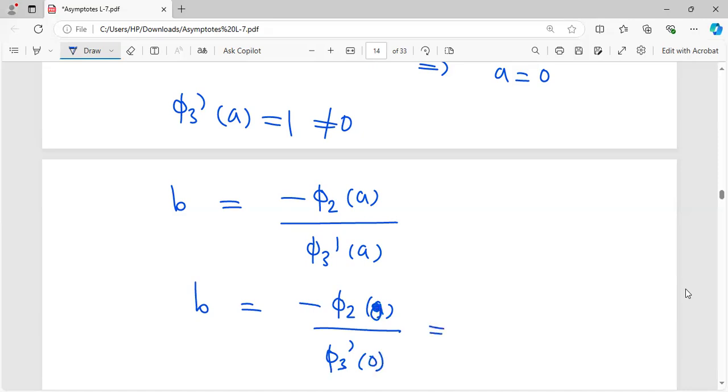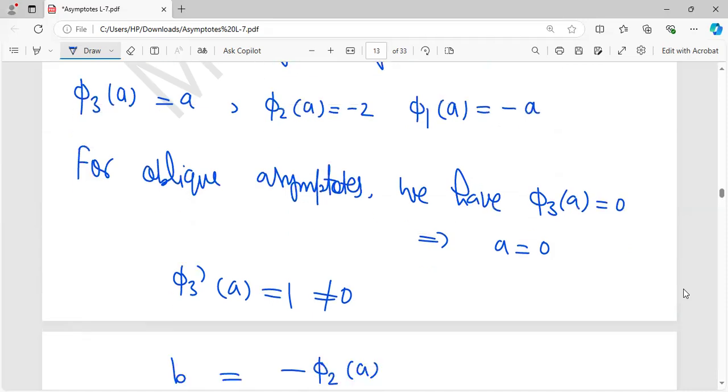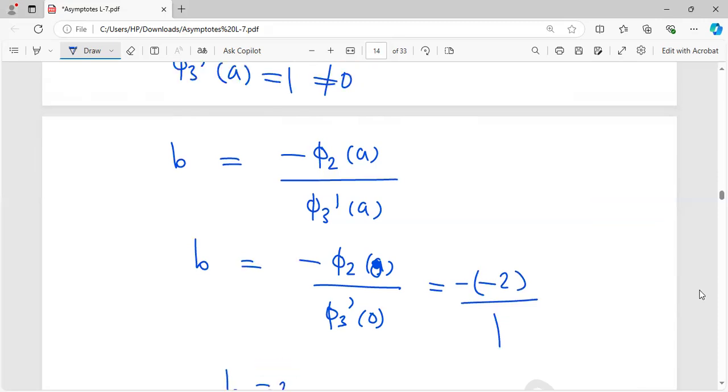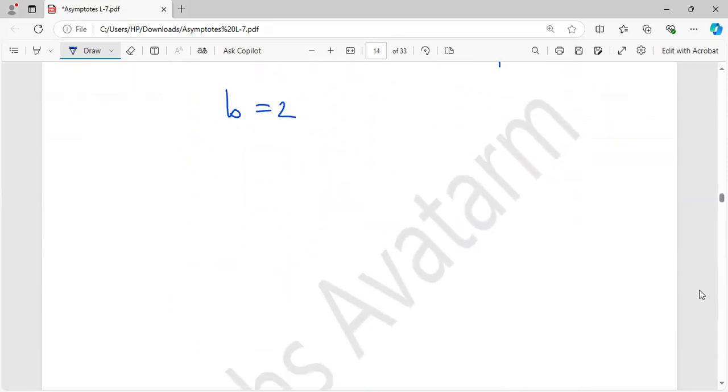So what is this? This is minus, minus 2 upon 1. B is equal to 2. So y is equal to 2. So what we have is y is equal to Ax plus B, that is 0 into x plus 2.